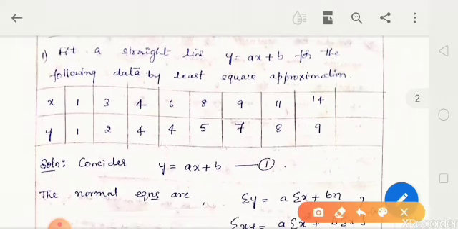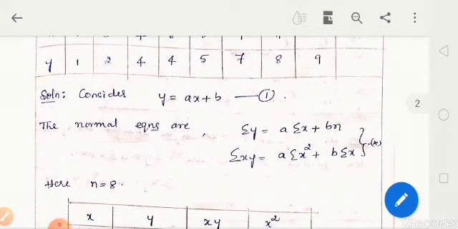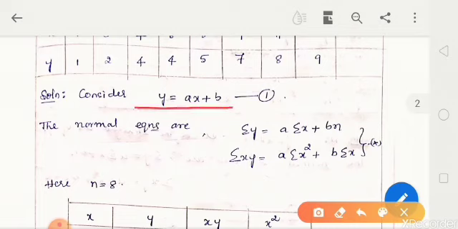Since they have mentioned form of straight line as y equal to ax plus b, take the same equation as equation 1. The first step is we have to form normal equations. In order to get normal equations, first step, attach sigma to equation 1.